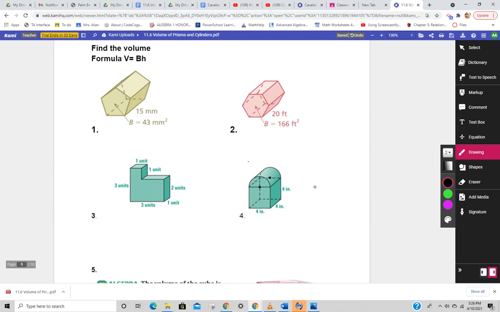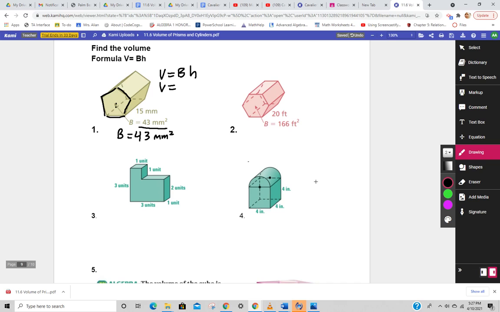All right, so let's find the volume of these different types of prisms. So this is a pentagonal prism because the base is a pentagon. They already found the area of the base for us. It's given as 43, so B is 43 millimeters squared. So we don't have to find B. So the volume is just base times height.